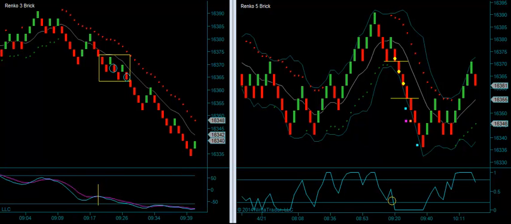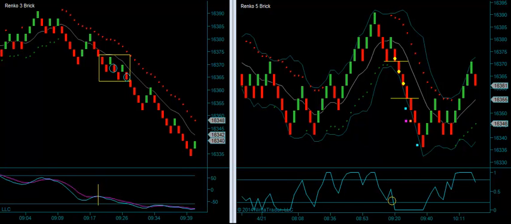Now a potential band extreme reverse setup. So first of all, I want you to note all band extreme reverse trades come from the 5 brick chart. Okay, we don't do any brick counting on the 3 brick chart.